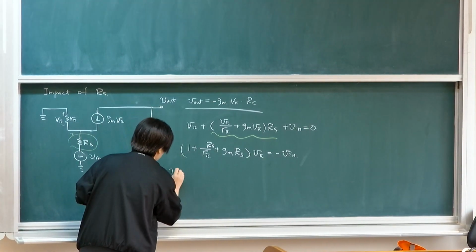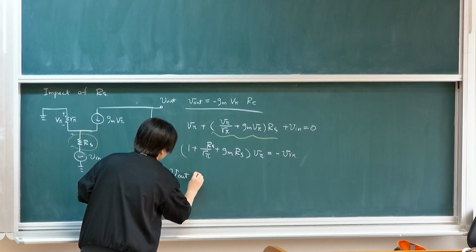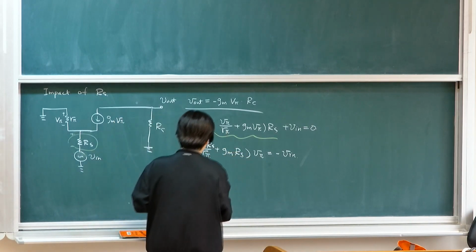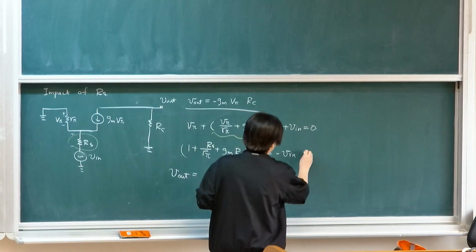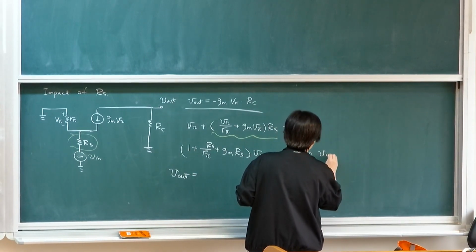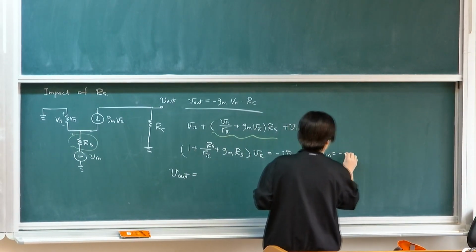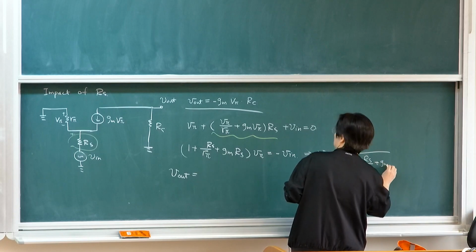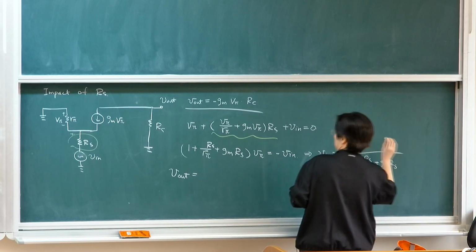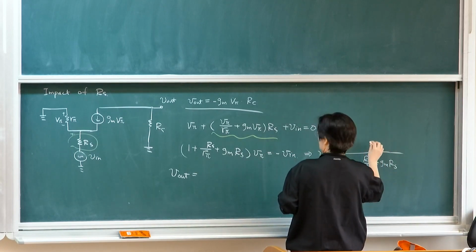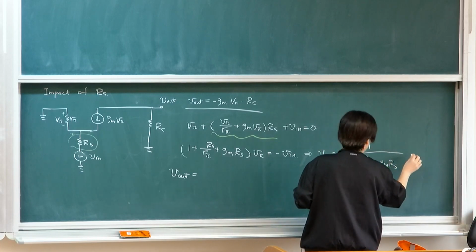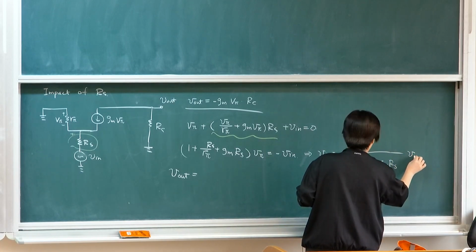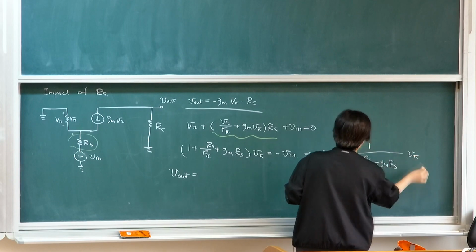So then this V out, in terms of V in, so V in will be a minus sign 1 plus R pi RS gm RS over 1 times V pi.